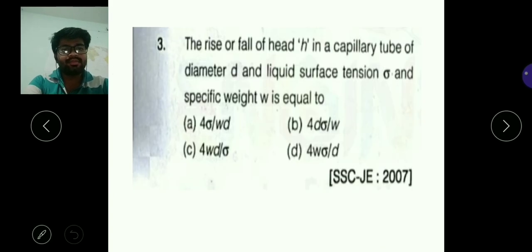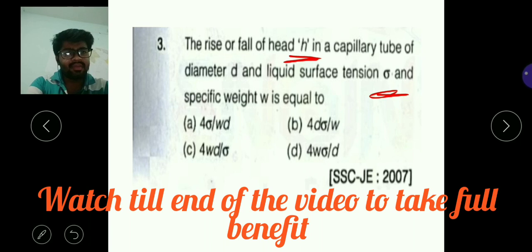Then moving next, the rise or fall of head H in a capillary tube of diameter D, liquid surface tension sigma, and specific weight W is equal to what?